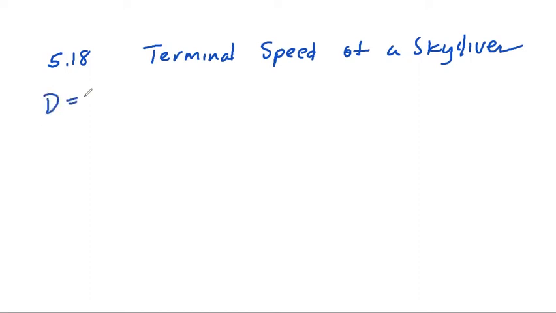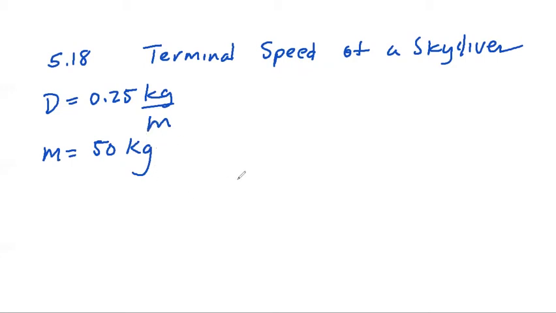So D equals 0.25 kg per meter. And then it asks us to find the new terminal speed for a 50 kilogram skydiver. Mass equals 50 kg.